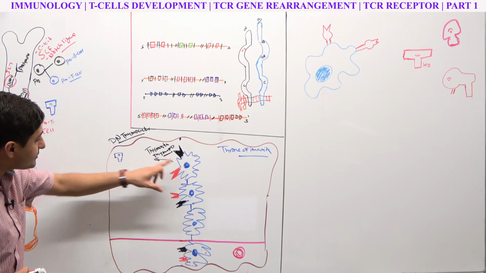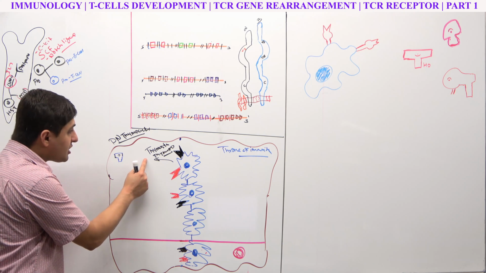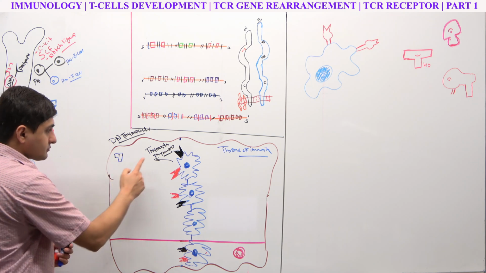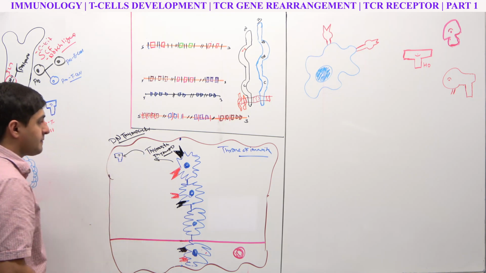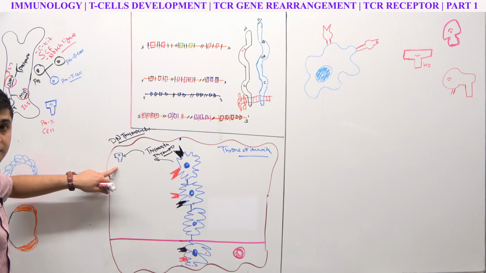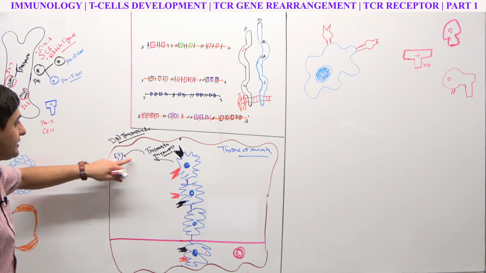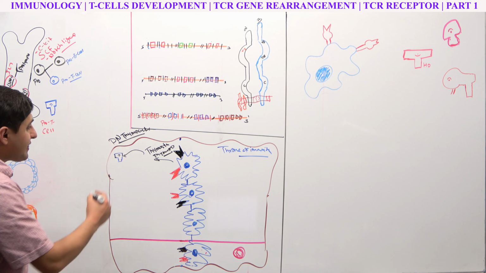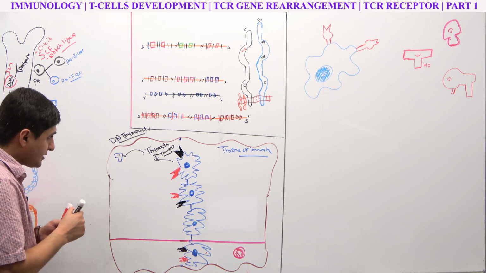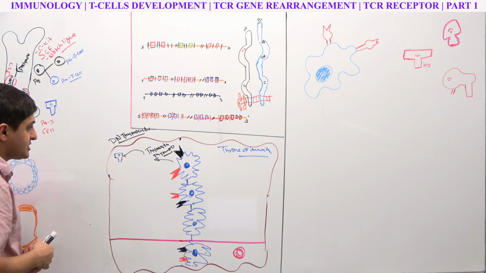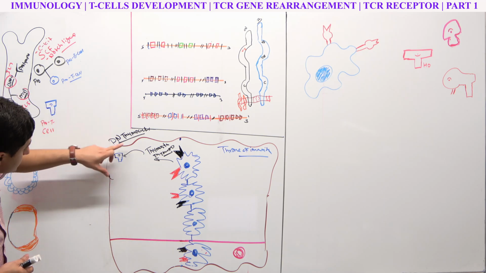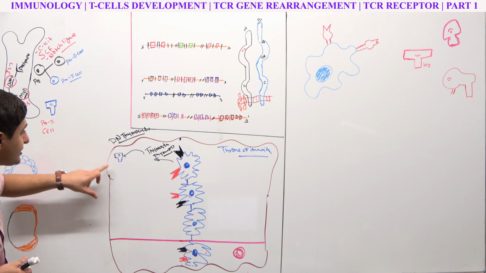Under the influence of these hormones, they will stimulate this double negative thymocyte, and that will lead to the activation of certain genes in your double negative thymocytes, because right now they don't have anything.